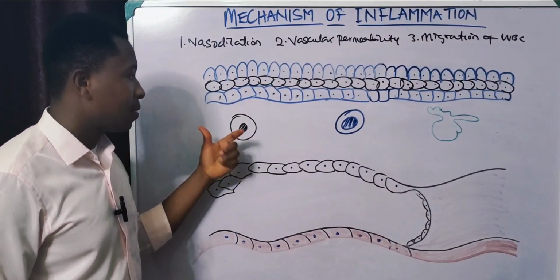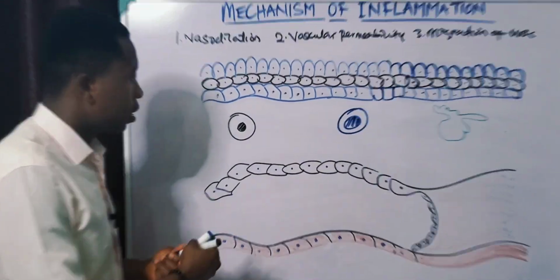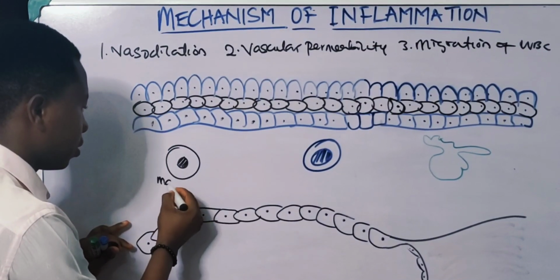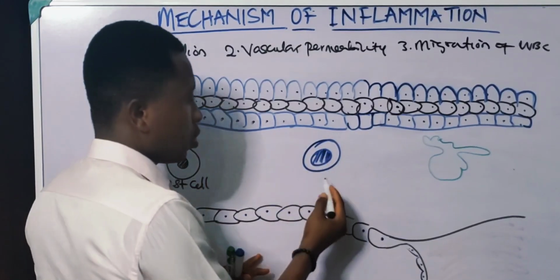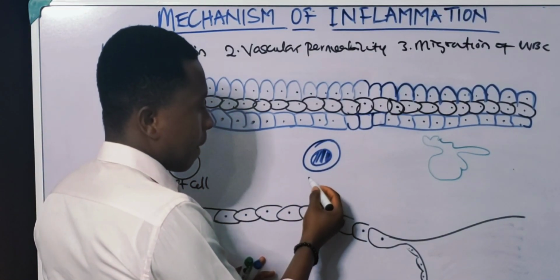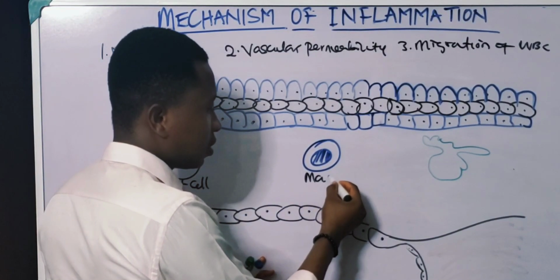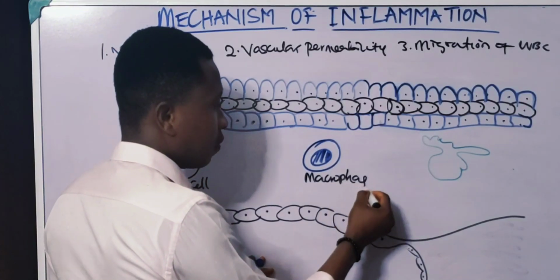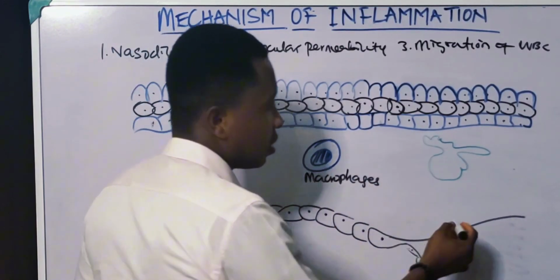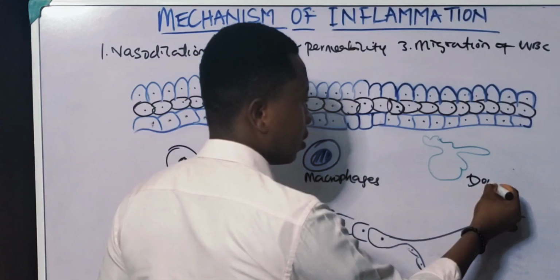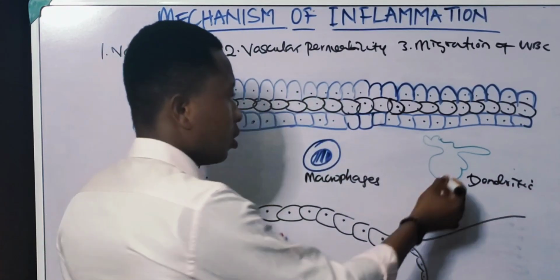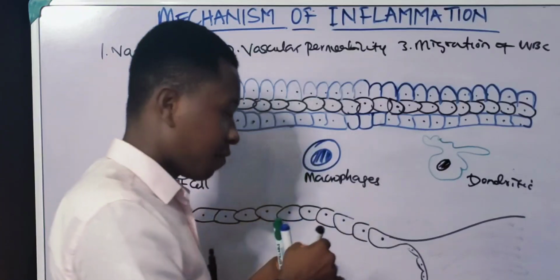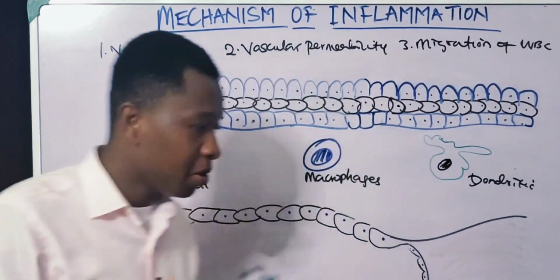And we have cells like the mast cells. So this could be the mast cell. This could be what we call the macrophages, and then you have the dendritic cells, because they have a dendritic appearance.